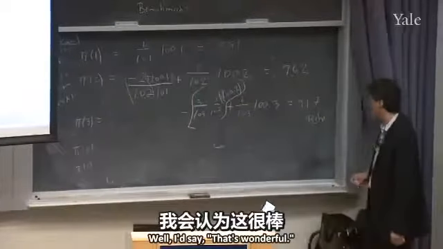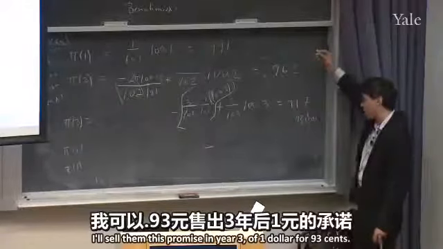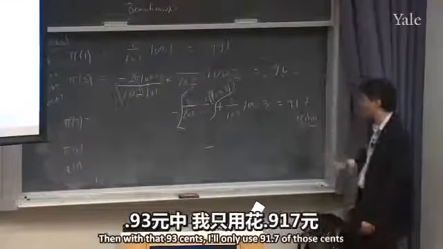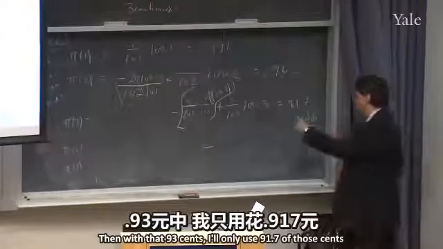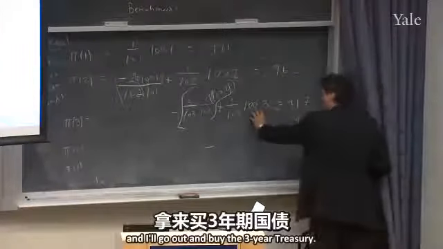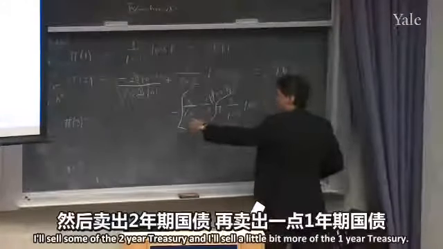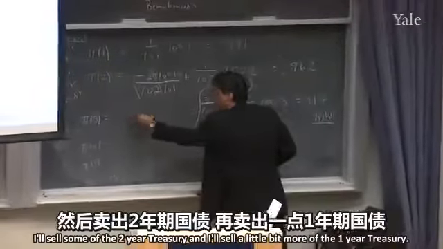Well, I'd say, that's wonderful. I'll sell him this promise in year 3 of $1 for 93 cents. Then with that 93 cents, I'll only use 91.7 of those cents, and I'll go out and buy the 3-year treasury. I'll sell some of the 2-year treasury, and I'll sell a little bit more of the 1-year treasury.